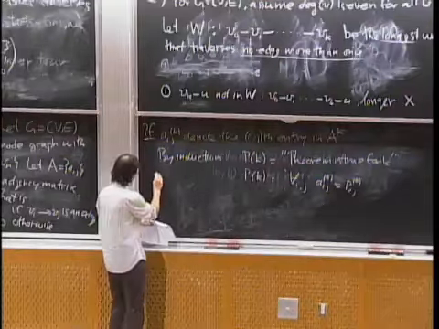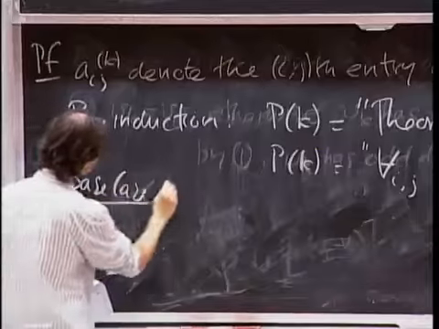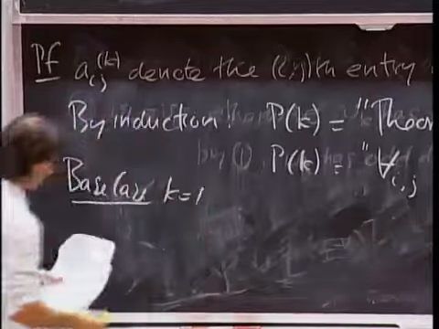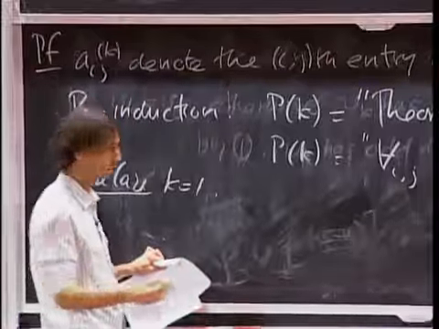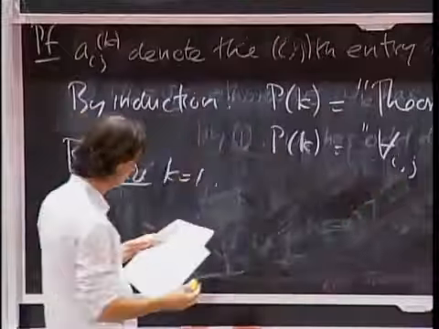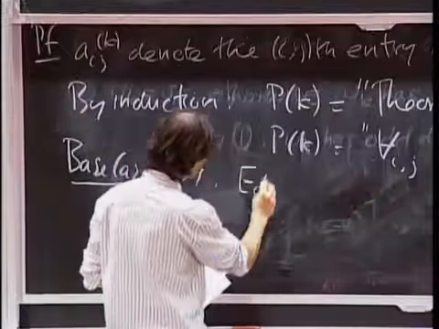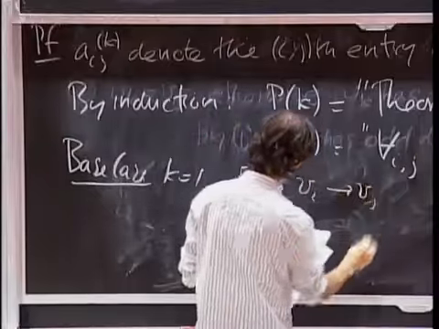So let's first do the base case. That's how we always start. The base case is k equals 1. And we have essentially 2 options. We want to prove this, so take an i and a j, whatever you want. Suppose we have an edge Vi that goes to Vj.